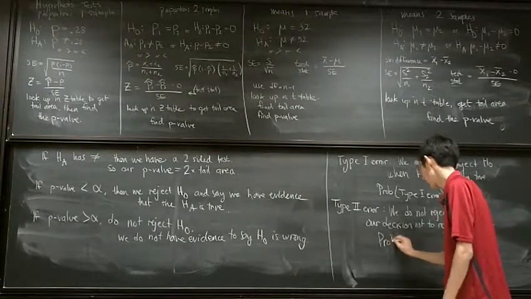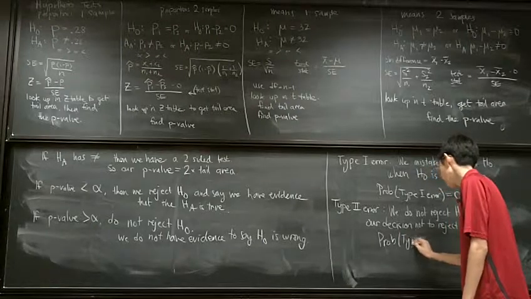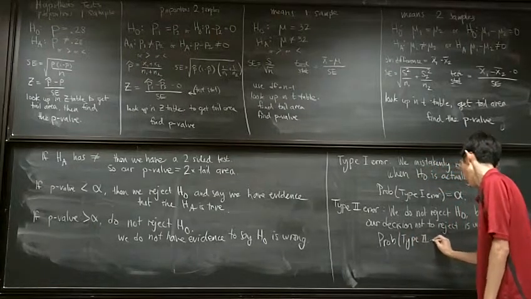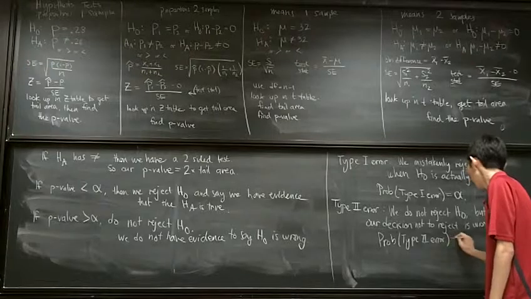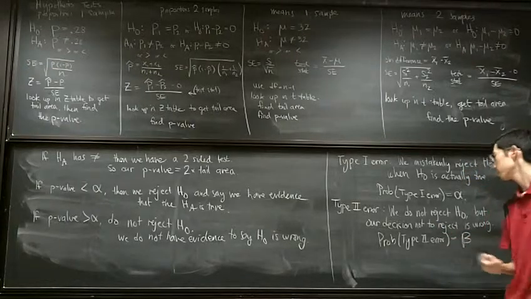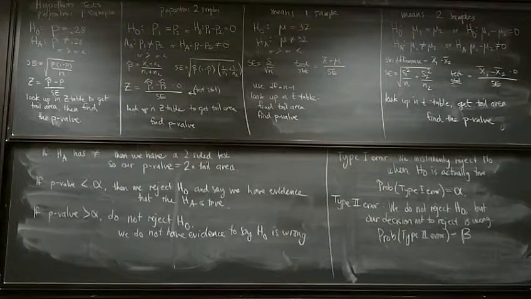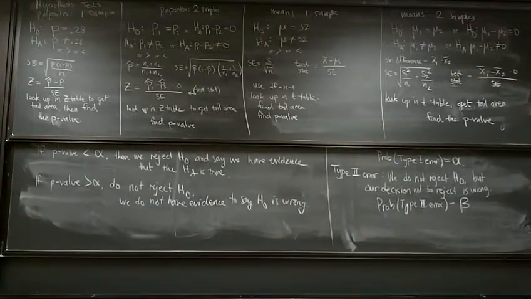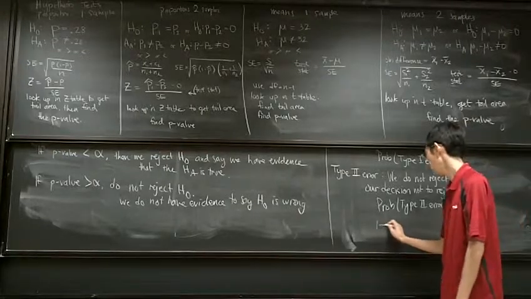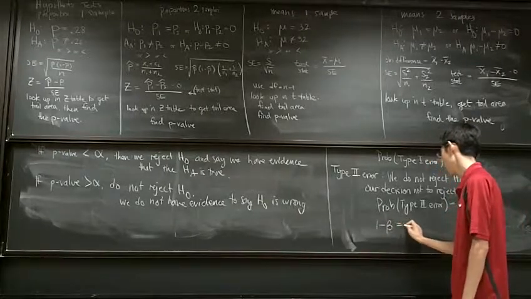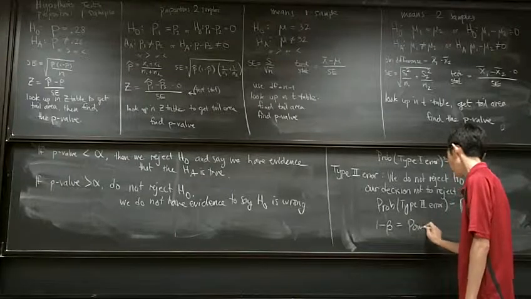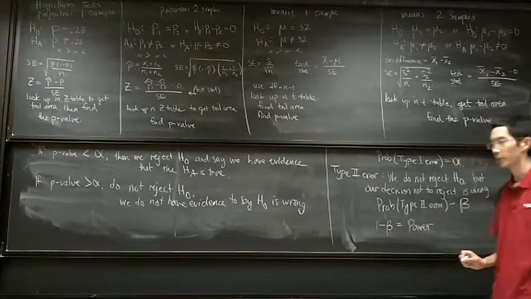The probability of a type 2 error is equal to beta. And 1 minus beta is equal to something called power.